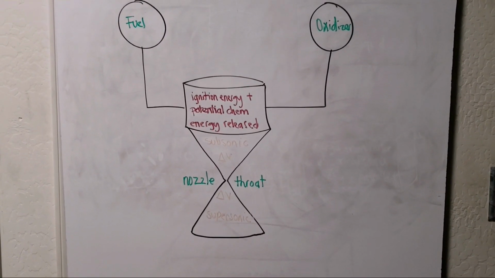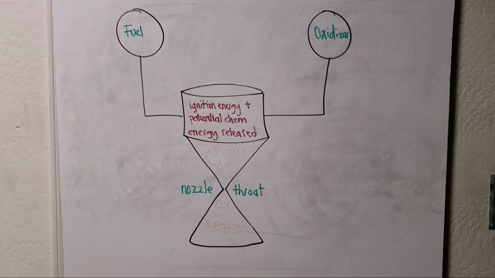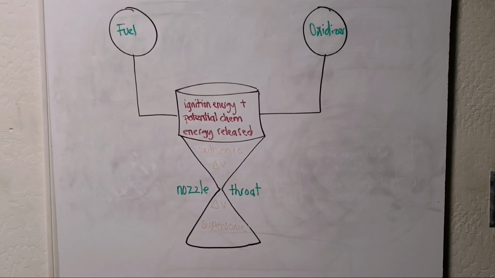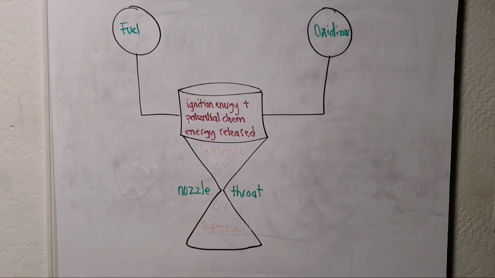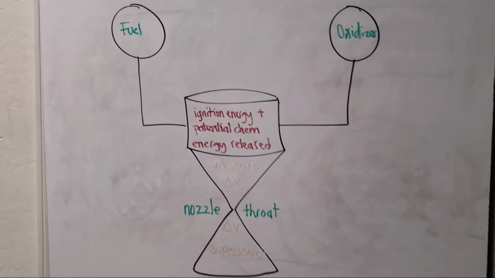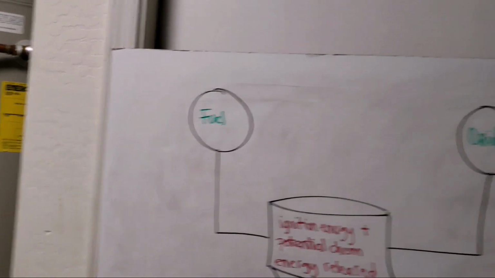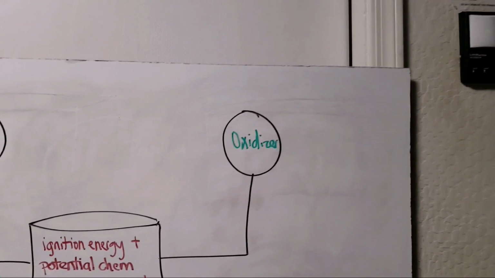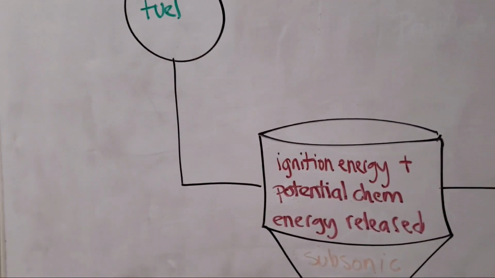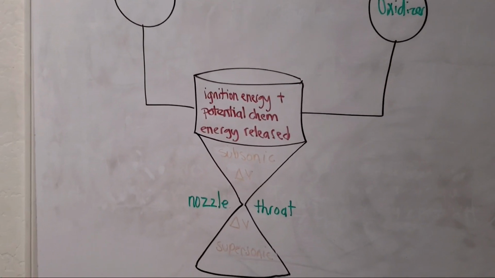All right, and as you see, I have drawn a crude diagram representing these four components, including the unused fuel and the unused oxidizer, along with these fuel lines feeding into the combustion chamber.